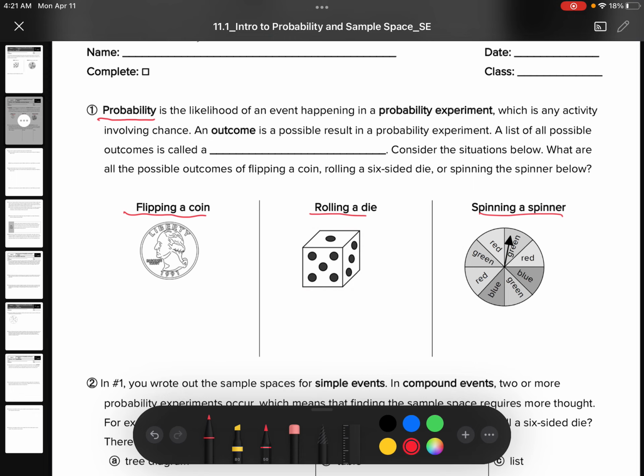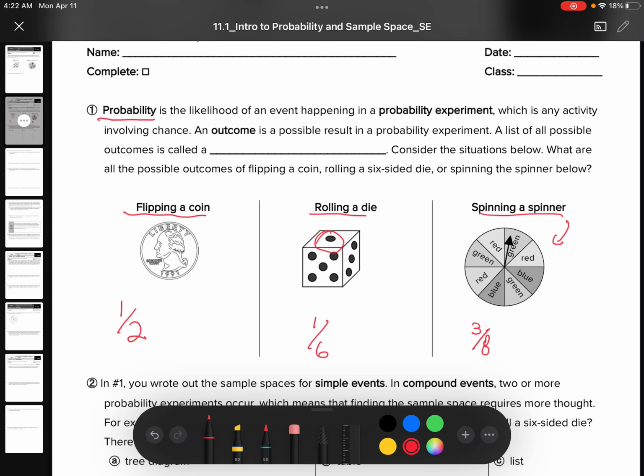For instance, the probability of flipping heads on a coin is 1/2. The probability of rolling a 1 on a die is 1/6. And the probability of rolling green on this spinner right here is 3 out of 8. I'll show you how I get this very quickly.